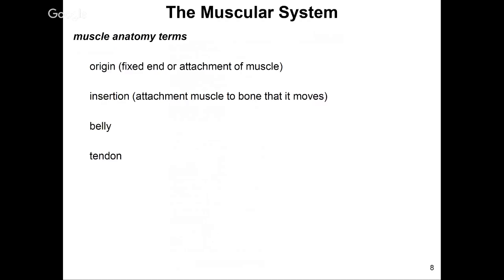Kind of like with proximal and distal, muscles have their own terms, although they're not in relation to your core body. Let's use an example. Your bicep. When you contract your bicep, what happens?